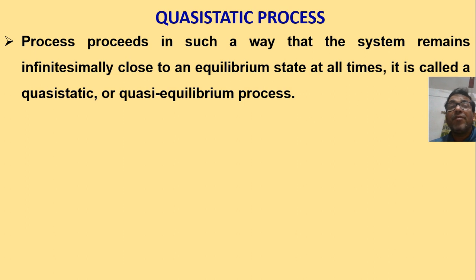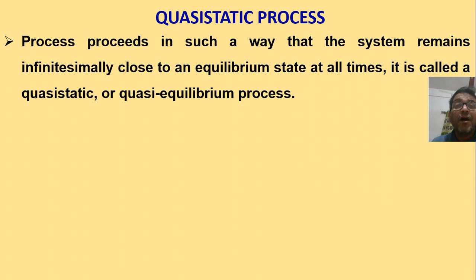That's why we say it is infinitesimally close to an equilibrium state. Infinitesimal means something you can think of as less than this, then it is called infinitesimal, right? So it is called quasi-static or quasi-equilibrium. That means it is near equilibrium conditions. Equilibrium means the state of the system is not changing, right?